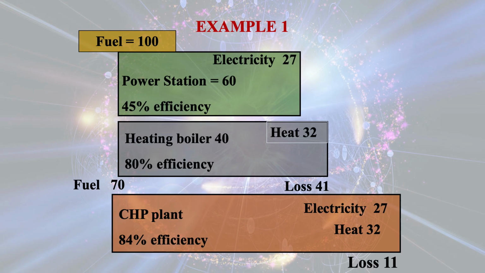But in this case we are getting as an output from cogeneration plant 59 and input is 70 unit of energy. So the loss is only 11, that is 70 minus 59 is equal to 11.